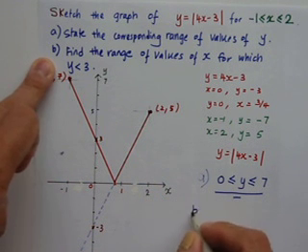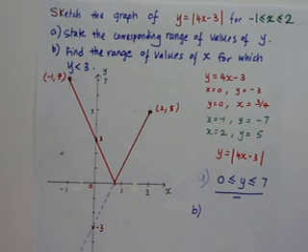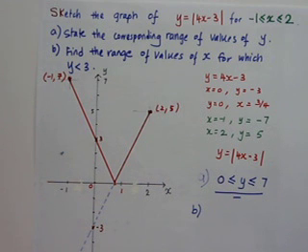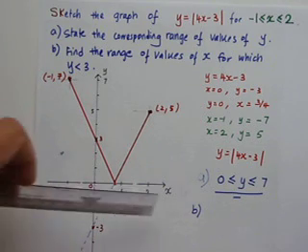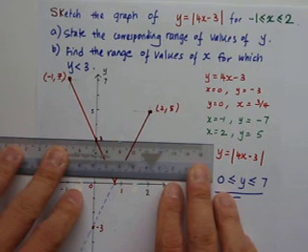Now, let's look at part B. Find the range of values of x for which y is less than 3. We will look at this graph and see which portion of the graph is less than 3. This is the line y equals 3.